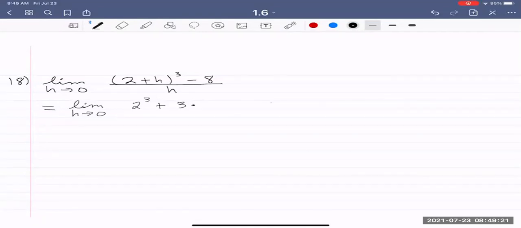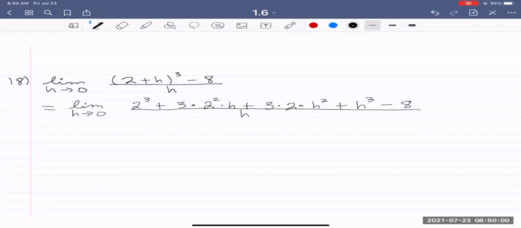A cubed plus 3a squared b. So it's 3, 2 squared, h. What I wrote before was wrong. Plus 3ab squared, plus b cubed, minus 8, all divided by h.